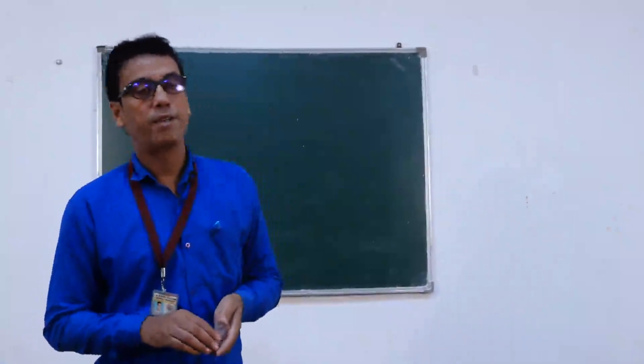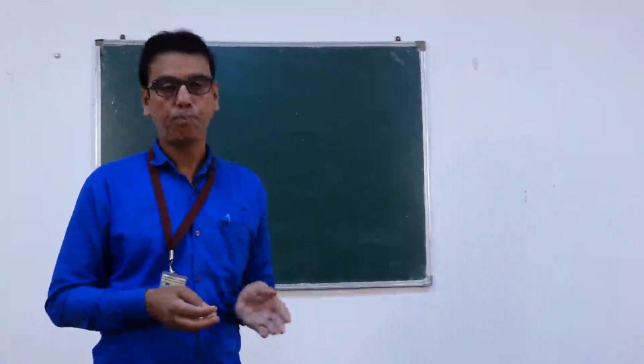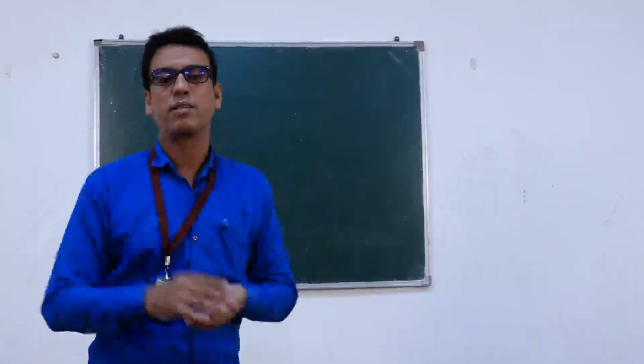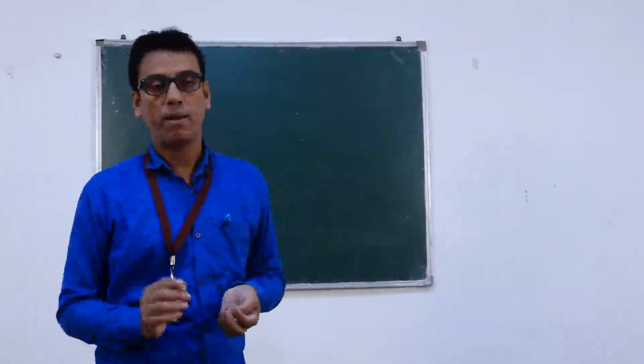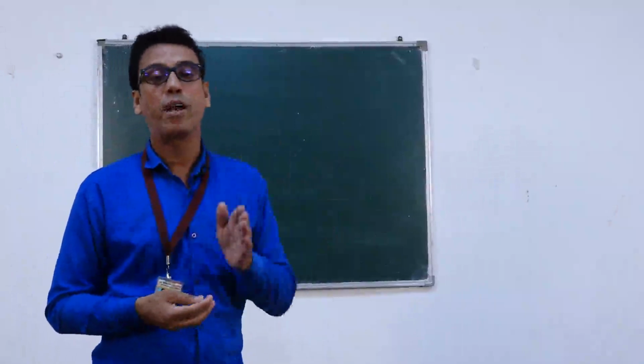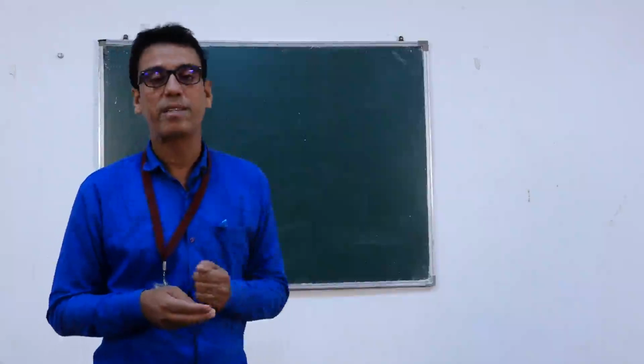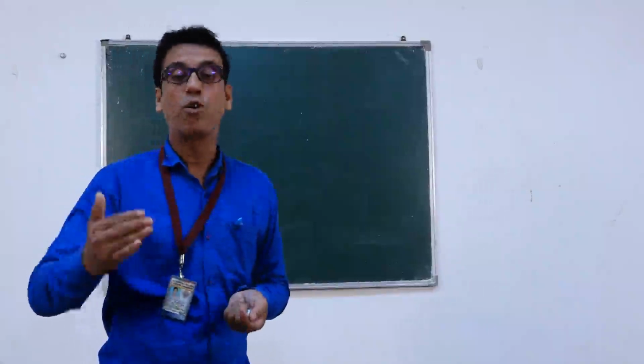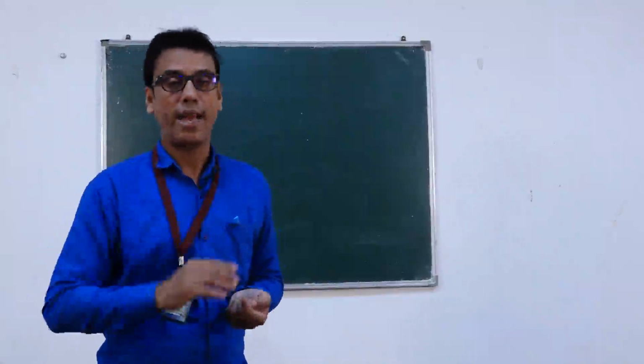The second point, every circuit has some input lines and some output lines. It must be very clear how many input lines a multiplexer has and how many output lines it has.